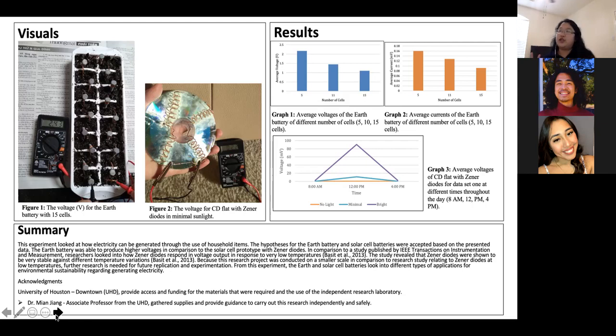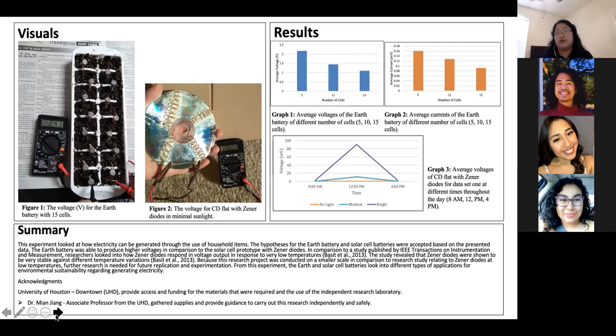In figure 2, I created a solar cell battery prototype by wrapping copper wire around a CD flat connected to Zener diodes, and I measured the voltages at different times throughout the day. From the results, the average voltages are higher for the Earth battery in comparison to the solar cell.